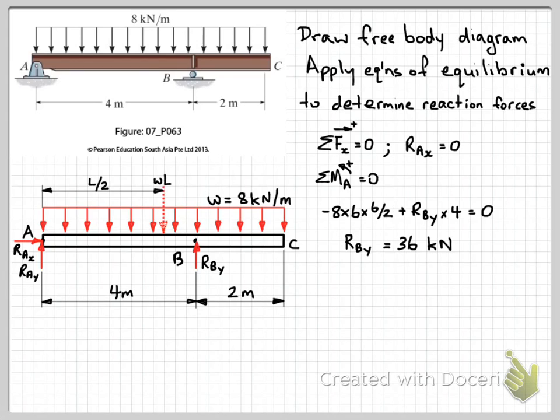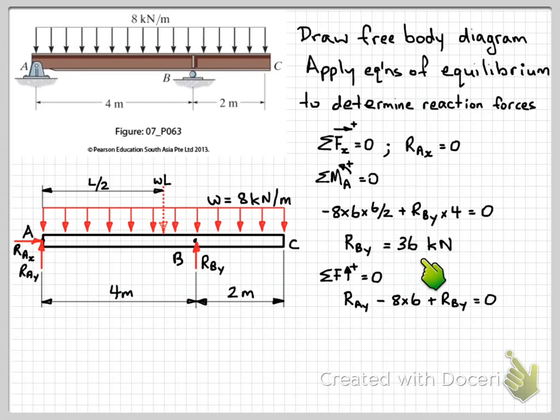So we have one unknown left, our reaction force RAY. So we'll use sum of the forces in the vertical direction equals 0. So we have RAY minus the distributed load, so 8 times 6 for our equivalent point load, plus RBY, all equal to 0.